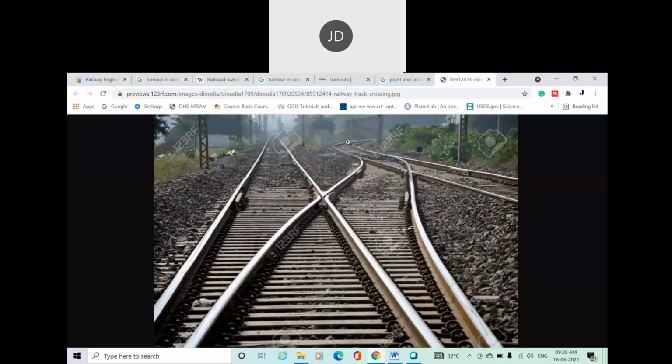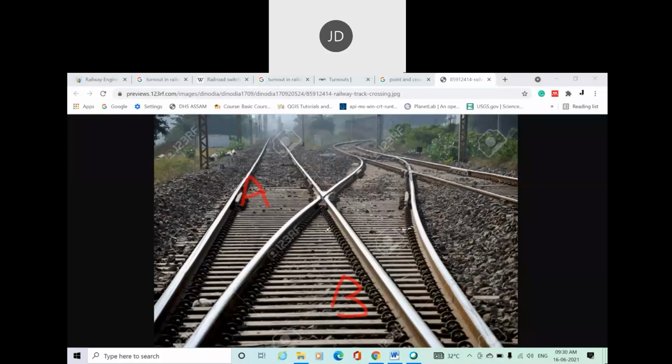If you consider this straight track as track number A, and this one as track number B, then with respect to track A, track B is diverging or converging, vice versa.